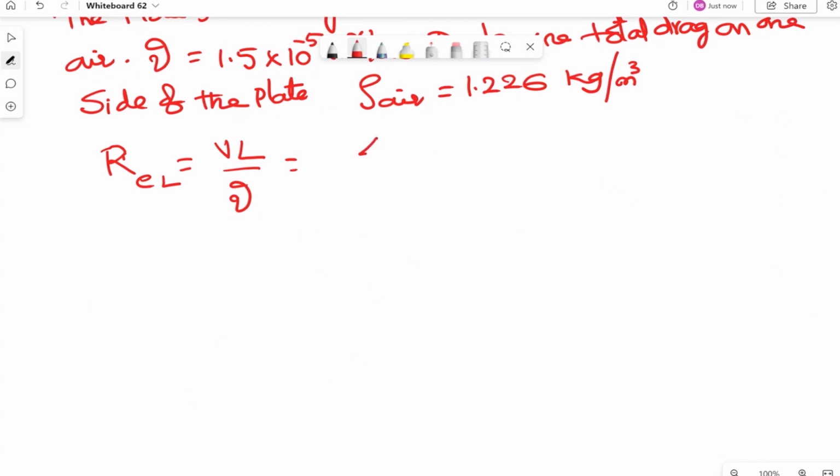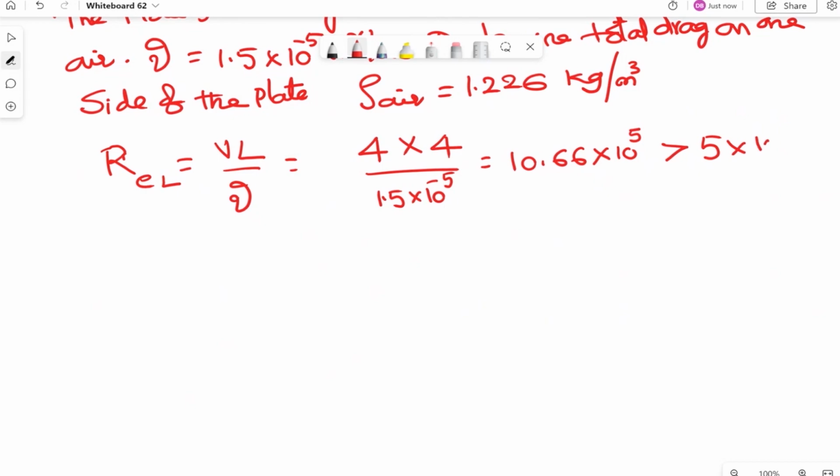V is given as 4 meters per second, length of the plate is also 4, and nu is given as 1.5 into 10 to the power of minus 5. So this answer will be 10.66 into 10 to the power of 5. That means it is greater than 5 into 10 to the power of 5. Therefore, the boundary layer is a turbulent boundary layer.